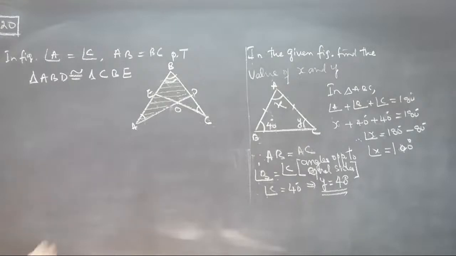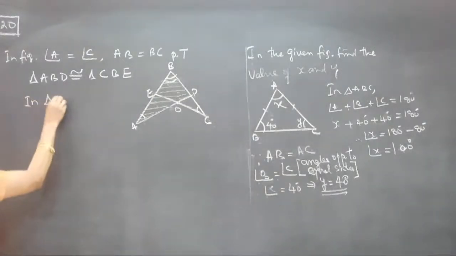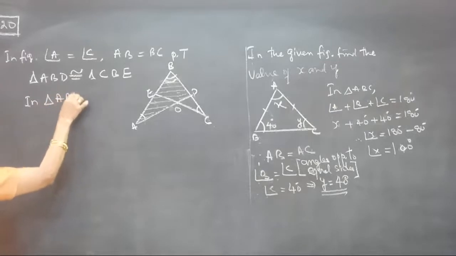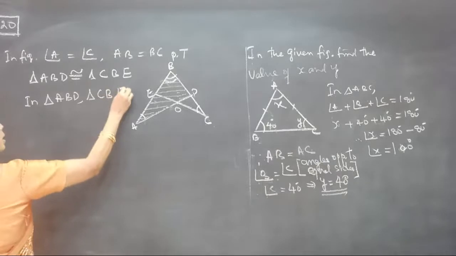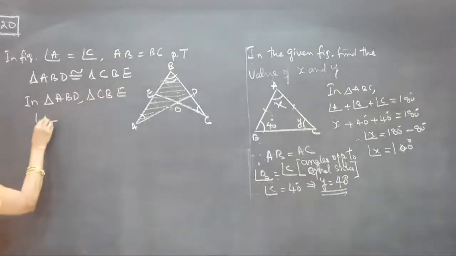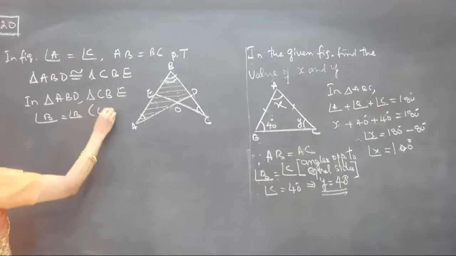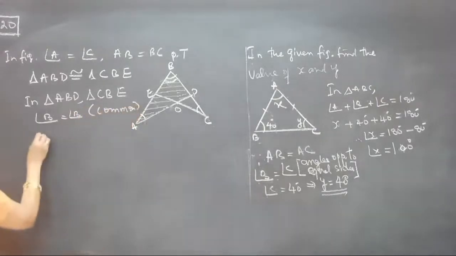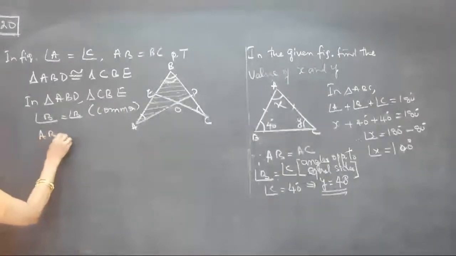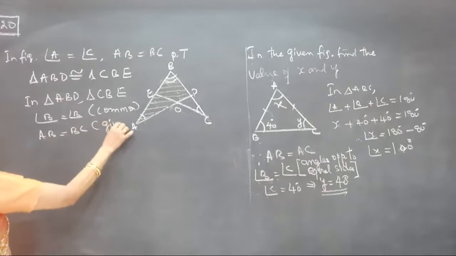Okay. So in this case, first you write in triangle ABD and triangle CBE, angle B equals angle B, bracket common. AB equals BC, it is given.